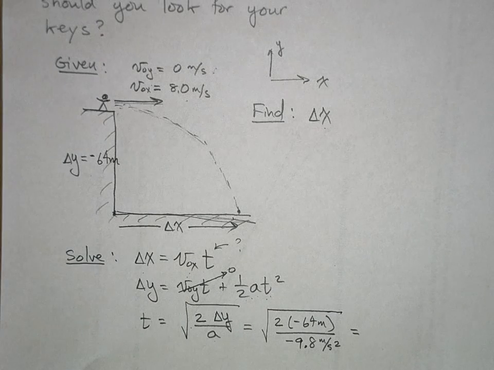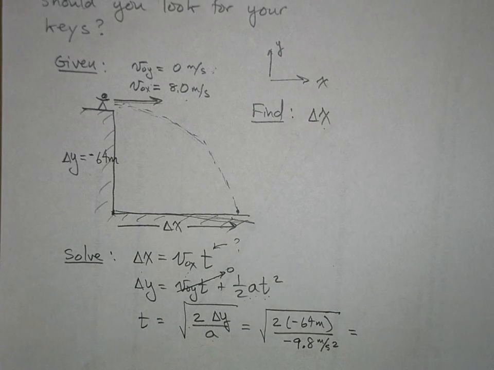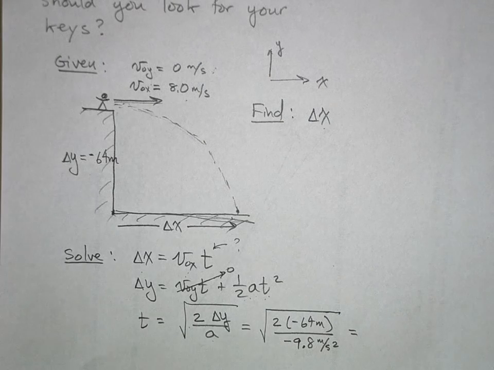And what do we get? So go ahead and work it. Well, I looked for my calculator. I don't want to use this one. So go ahead and work it yourself. I'm working it right now.